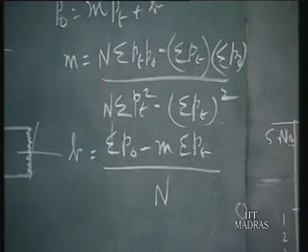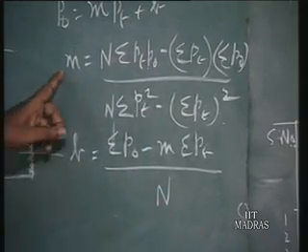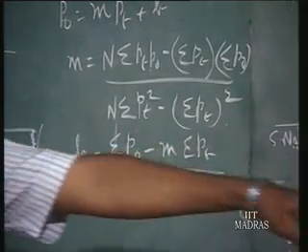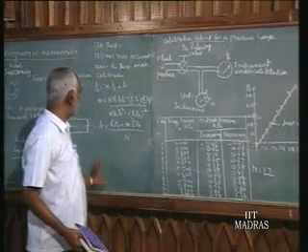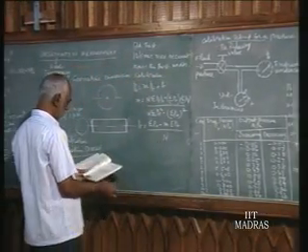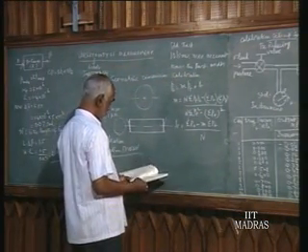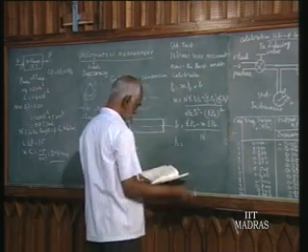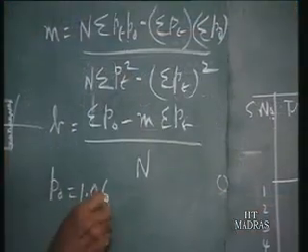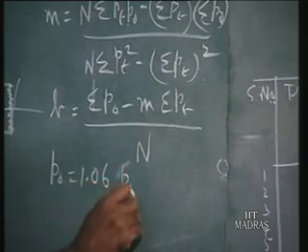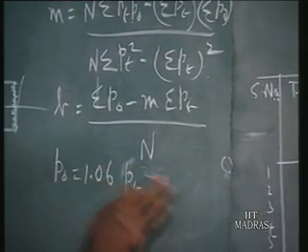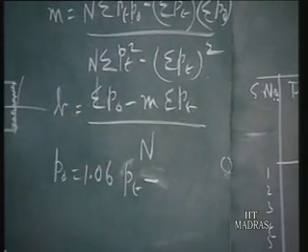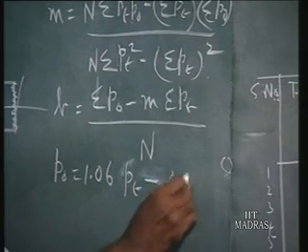That means from this set of readings we can find out the slope and the cut of the line on the y-axis as B, and now the equation of the best fitted line, for the given set of readings, is P0 is equal to 1.06 PT plus this minus value, B is equal to minus 0.05.